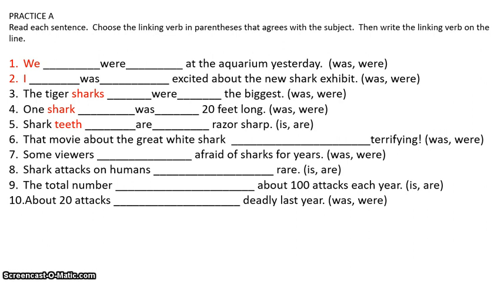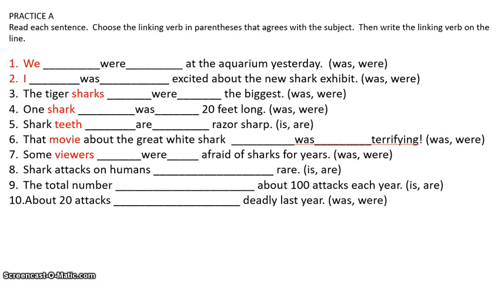All right. What was terrifying? The movie was, okay? About the great white shark. About the great white shark is a prepositional phrase, and we'll talk about those later. But we're talking about the movie as the subject. Was what? Terrifying. Number 7, some viewers were afraid of sharks for years.